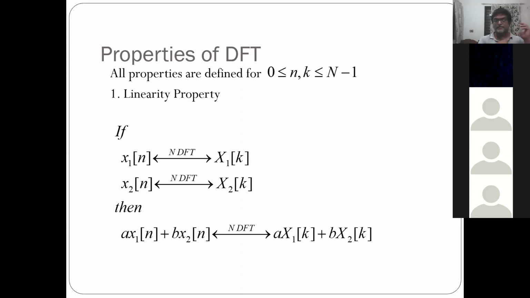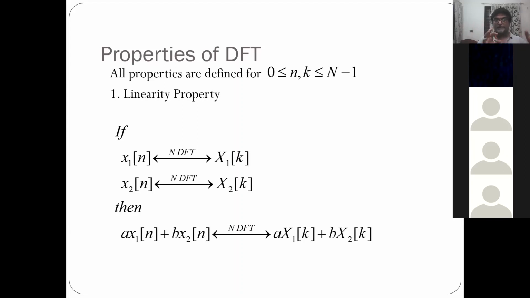Is that understood? Any doubts? x1(n) cannot be a 3-point sequence and x2(n) a 5-point sequence. If x1(n) is a 3-point sequence, x2(n) has to be a 3-point sequence. Otherwise, you cannot apply this property. You are looking at the same value of N throughout.